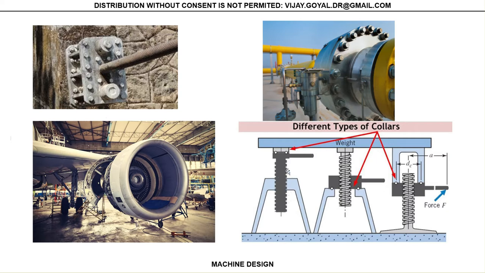In this application, you could probably ignore the collar. In this application, you cannot ignore the collar. The collar and the screw and the system act all together. So there are different ways to analyze and study this problem, depending on the case you're working on and the type of application.